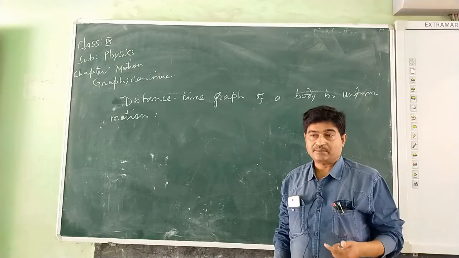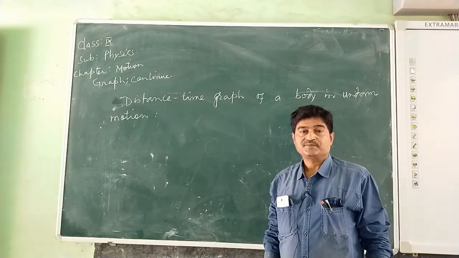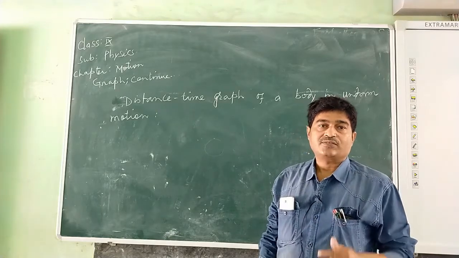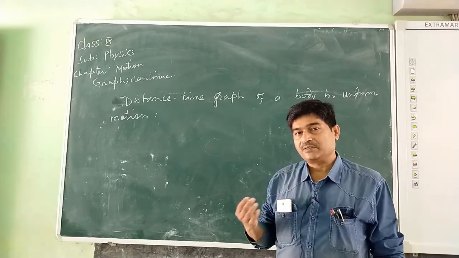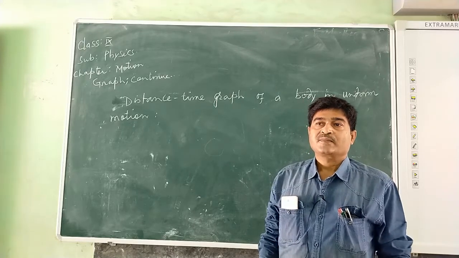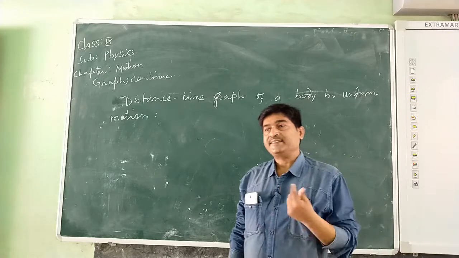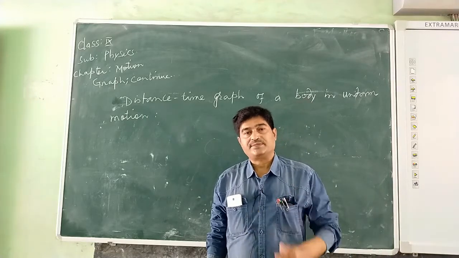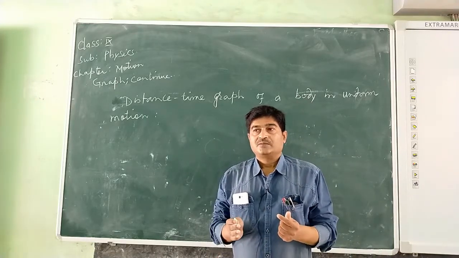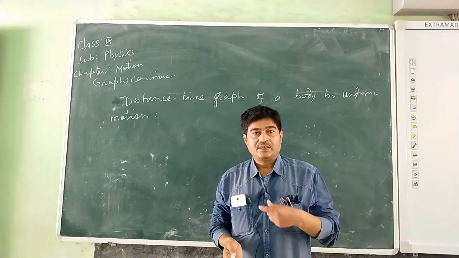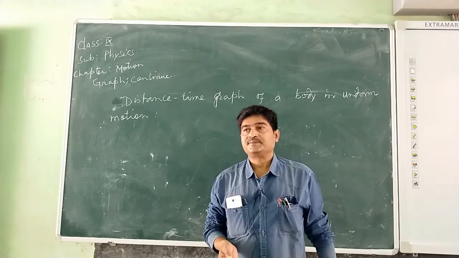A graph is a pictorial representation of the variation of one variable depending on the other. This gives a line, which is the graph. What type of line do we obtain in a graph?